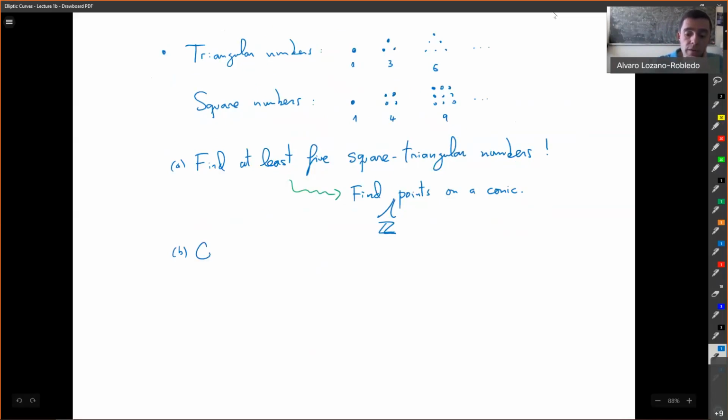Can you characterize all the square triangular numbers?